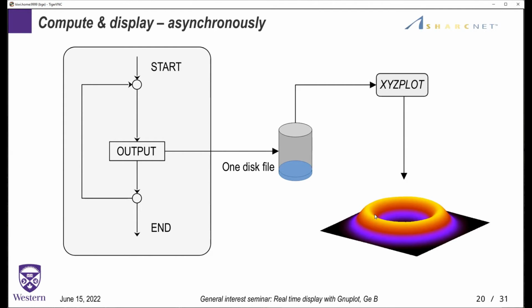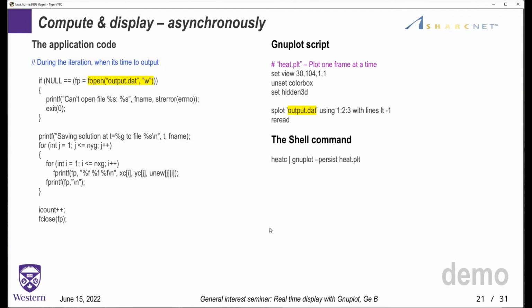For example, let's take a look at an example. So how does it work? Inside the application program, instead of generating a sequence of output, I'm only generating one output file called out data, and this will be overwritten over time, of course. And then I'm using a Gnuplot script, and this time the script is very simple.